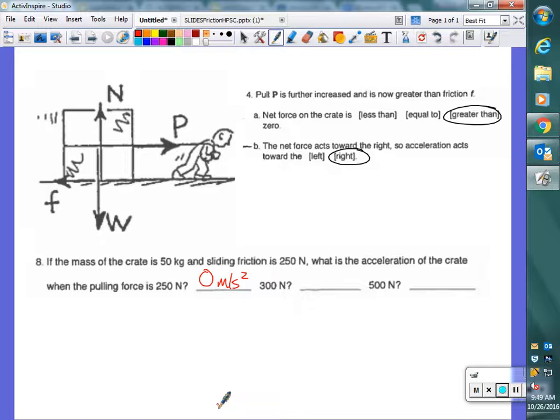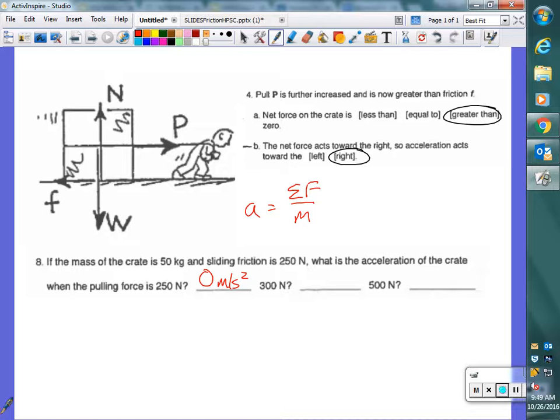What are the two things acceleration depends on? Net force, right? So here is the equation that relates net force, mass, and acceleration. In this case here, we already said, what do we know is true about W and N here? Their net force is 0, so they cancel each other out.